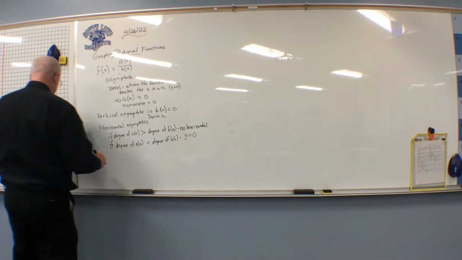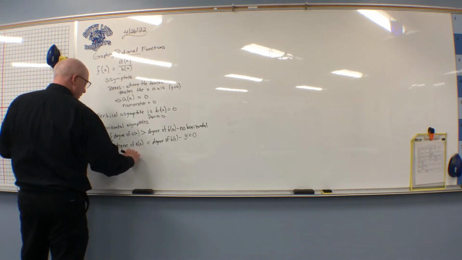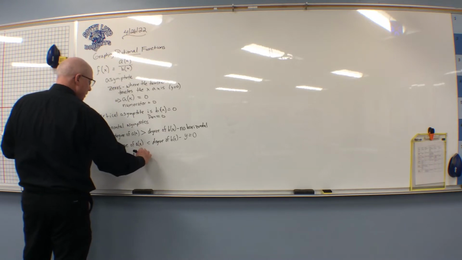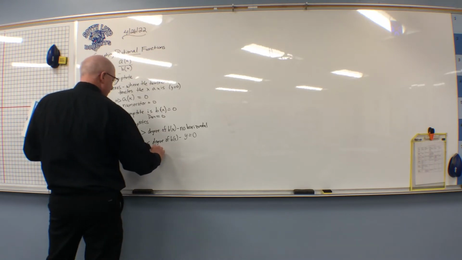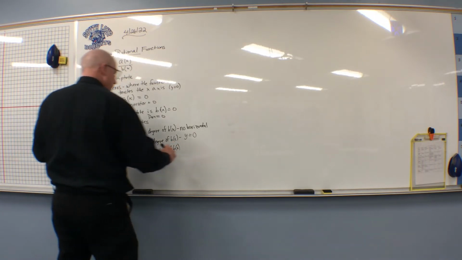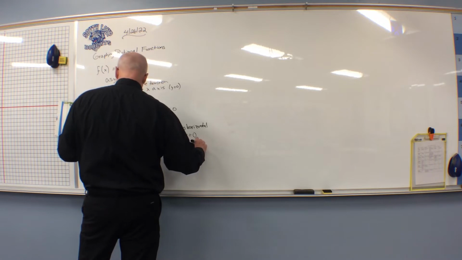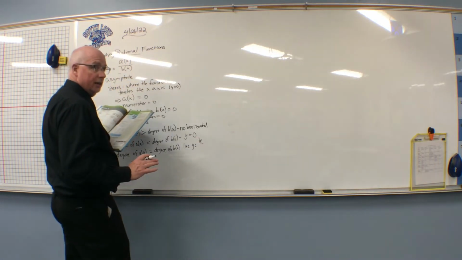And then finally, if the degree of a of x is equal to the degree of b of x, then we have a line, y equals, do you remember LC was the leading coefficient, or do I need to write that out?